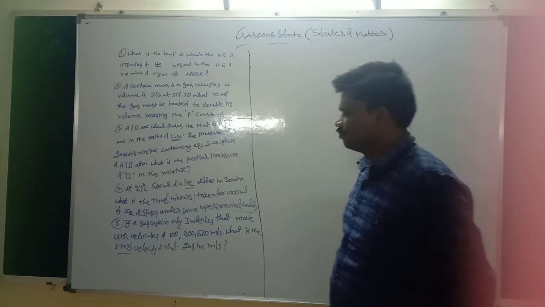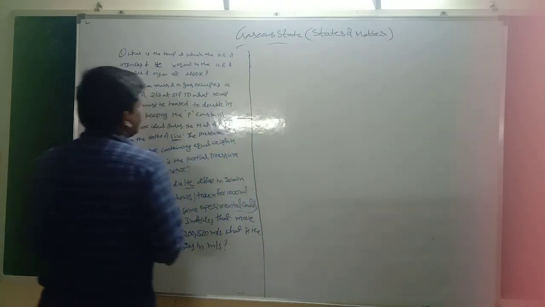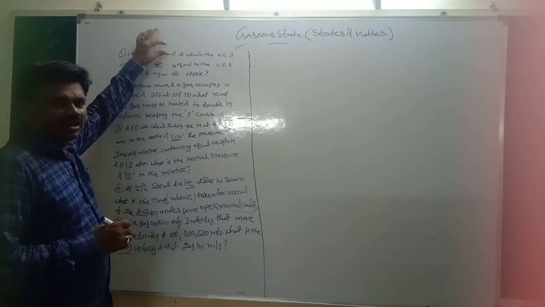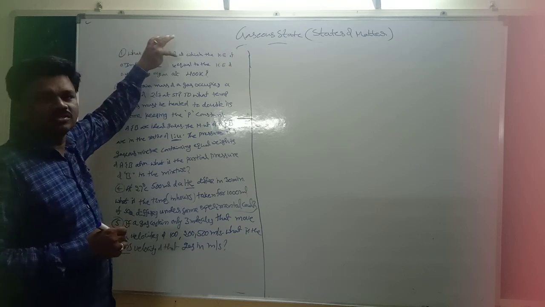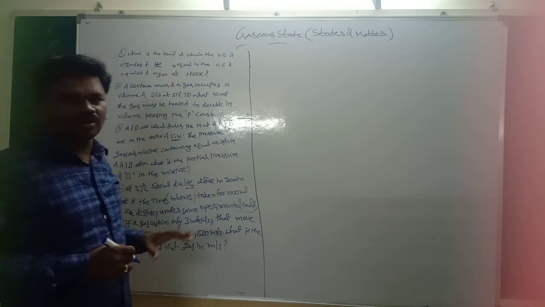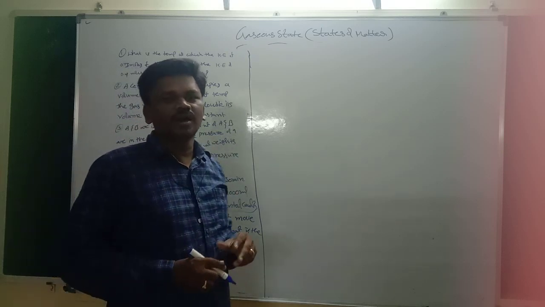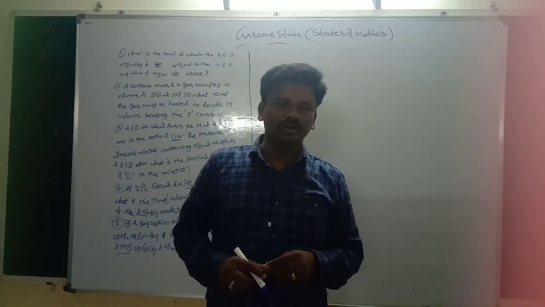Here, first one: what is the temperature at which the kinetic energy of 0.3 moles of helium is equal to the kinetic energy of 0.4 moles of argon at 400 Kelvin?